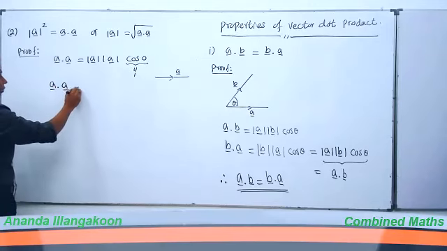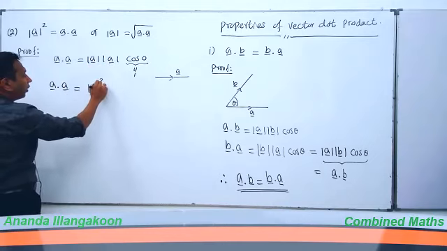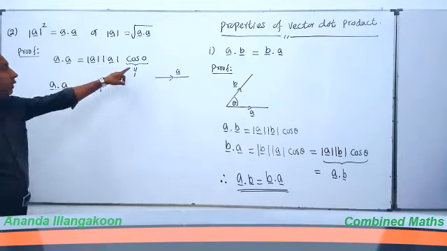Cos 0 is 1. Then we get what? A dot A is equal to mod A times mod A, means mod A perfect squared into 1.